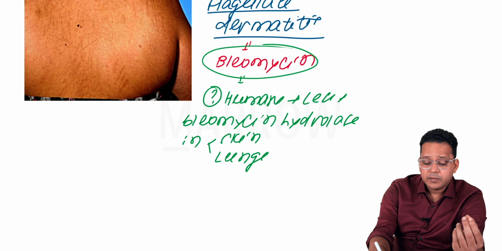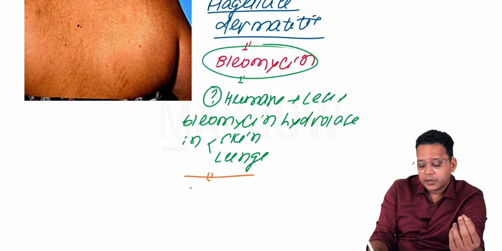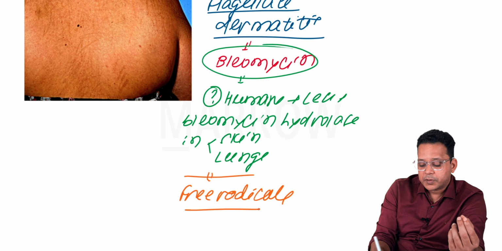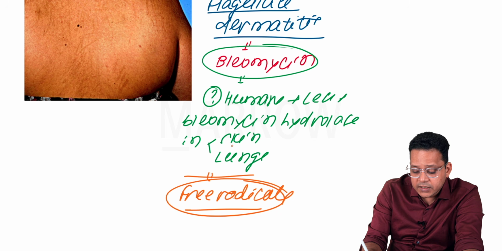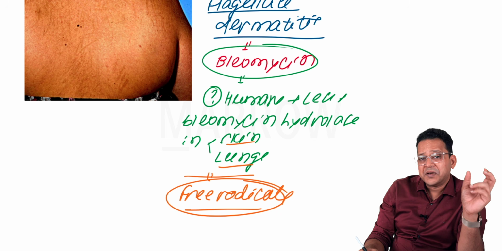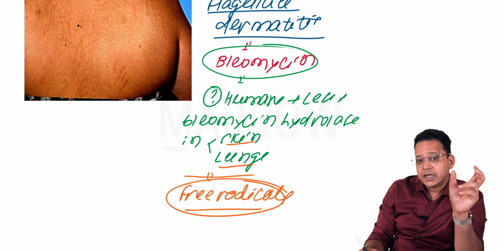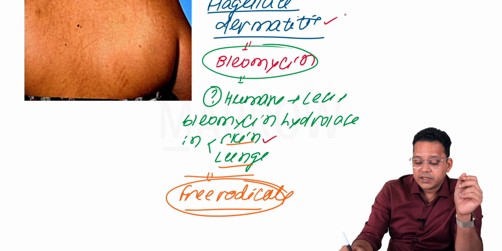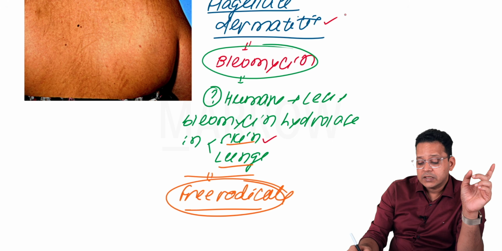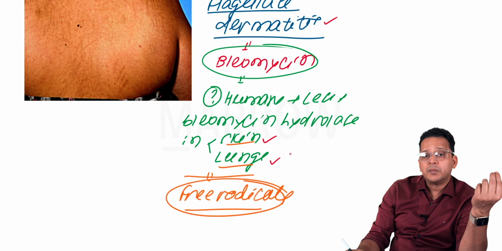There is a reason why bleomycin is known for producing free radicals. Bleomycin is known for producing free radicals because it is sparsely metabolized in the skin and the lungs. Free radicals are produced more in skin and lungs. More free radicals in the skin lead to flagellate dermatitis. More free radicals in the lungs lead to pulmonary fibrosis.